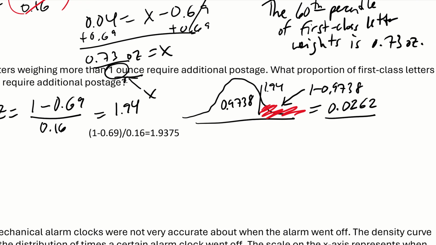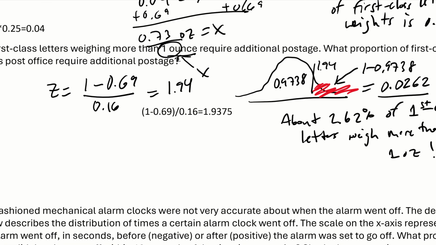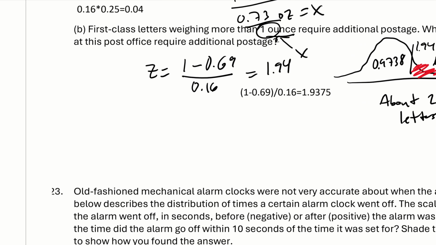You could convert this to a percent if you want: 2.62%. So about 2.62% of first class letters weigh more than 1 ounce. All right, that takes care of that one.